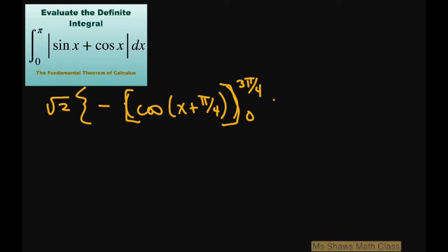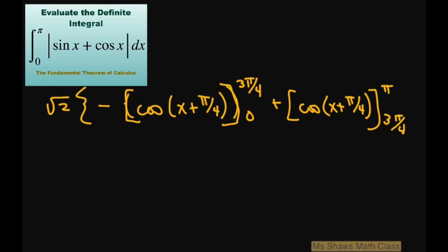And then do it again, plus cosine of x plus pi divided by 4, and integrate that from 3 pi divided by 4 to pi.